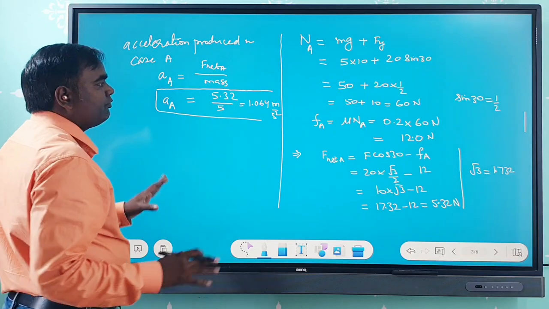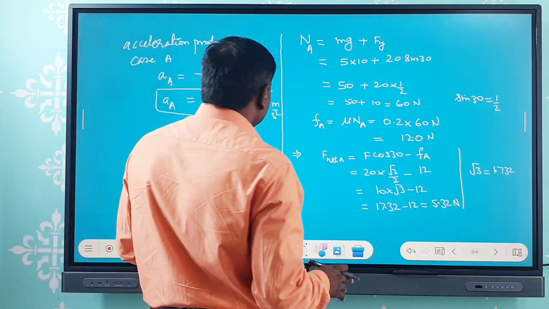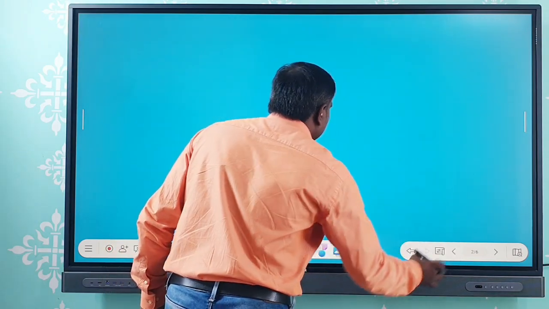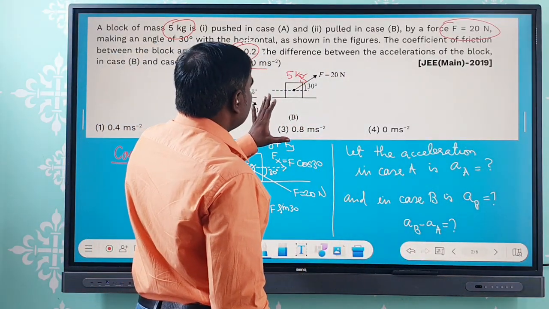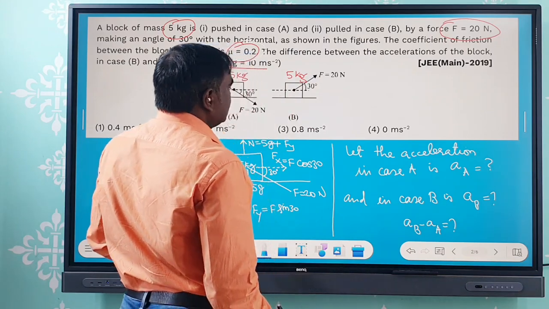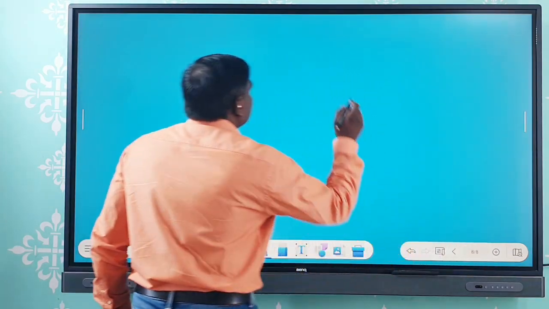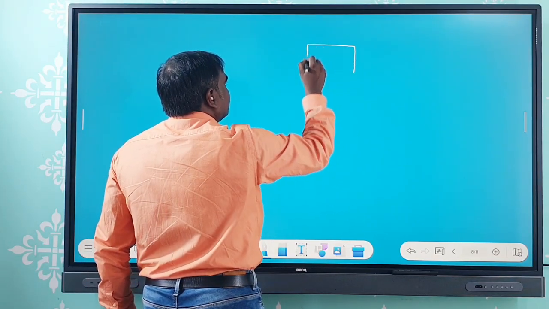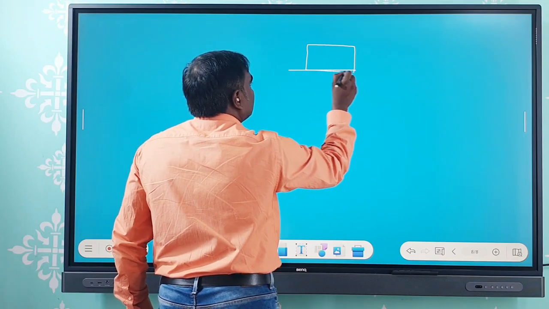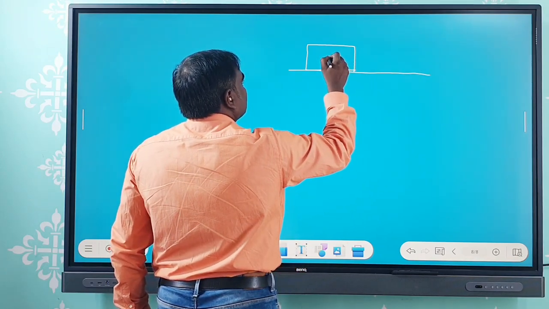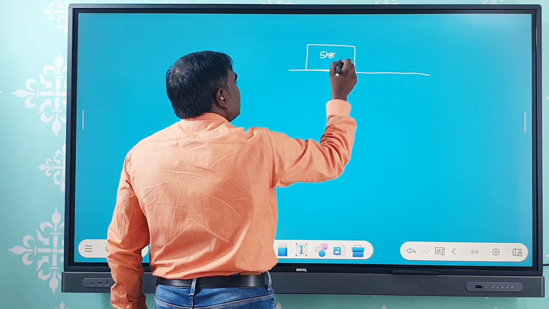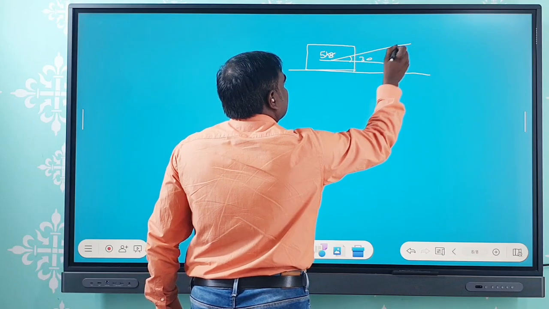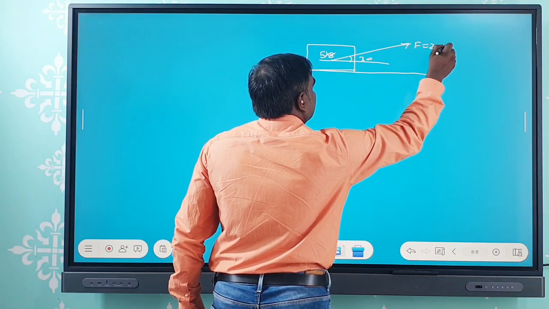Now similarly we'll find the net force acting in case B. So here in case B, if you resolve this force into two components, let us solve this. So in case B, this is a 5 kg block and the force is acting along this direction, F is equal to 20 Newton, right?